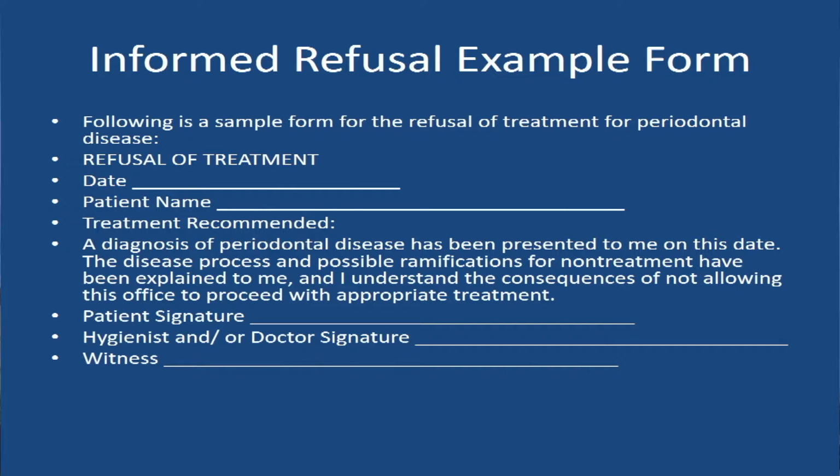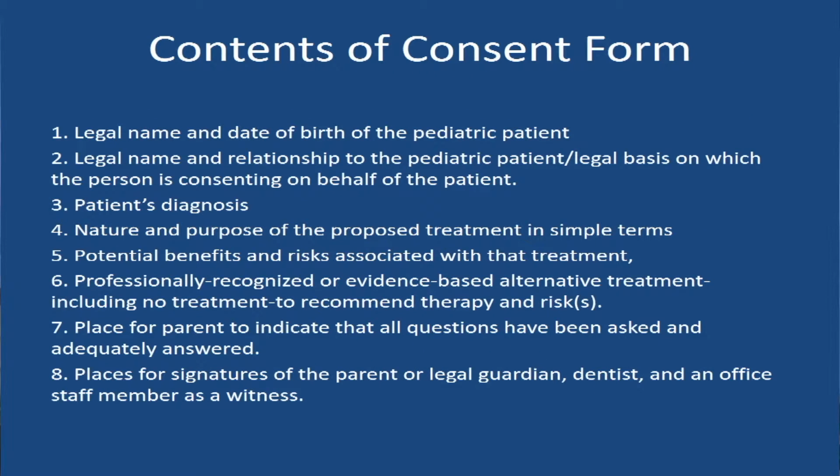The disease process and possible ramifications for non-treatment have been explained to me, and I understand the consequences of not allowing this office to proceed with appropriate treatment. The parent has a place to sign, the doctor has a place to sign, and/or the hygienist, and a witness is there. In addition, the date at the top is important, and the patient's name and age, or date of birth, or both, is essential to have on the consent form.